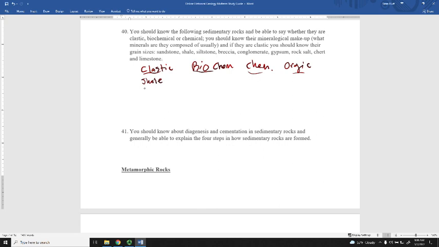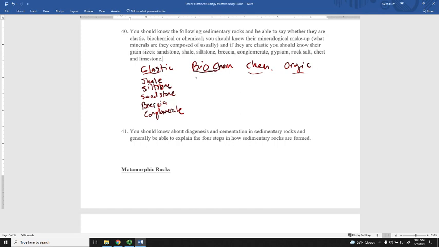That's made of clay. Siltstone is made of silt, right? That's the second size. The next is sandstone. And after sandstone, we get to things like breccia and conglomerate. And those are things that maybe have pebbles or gravel or larger chunks of rock. Okay, those are all made out of broken chunks of rock and mineral, because they're clastic.